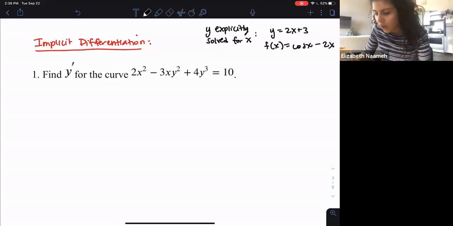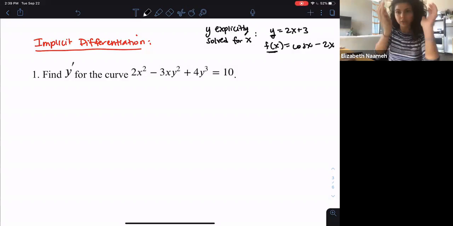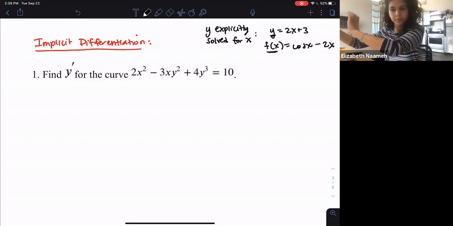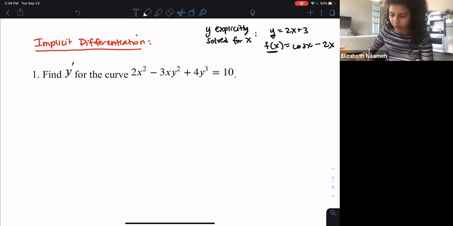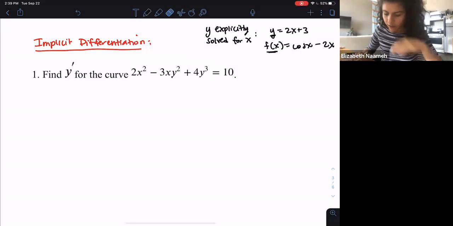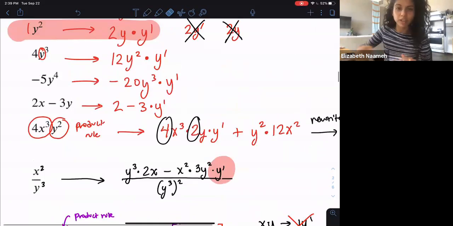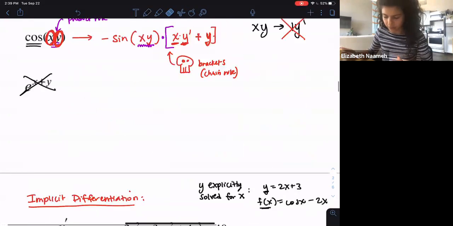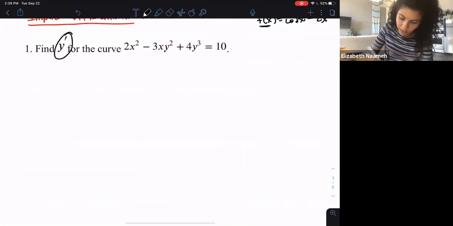So your y was already all by itself, and you knew what it equaled. But look at this problem now. You see how your x's and y's are all mixed up? So now we're going to do implicit differentiation, not explicit differentiation. Implicit differentiation is literally what we've just been doing. It says find y prime.